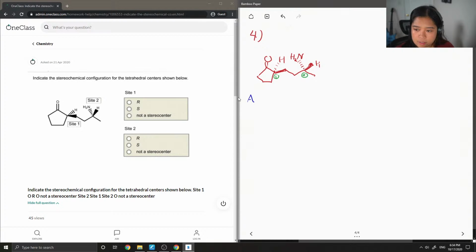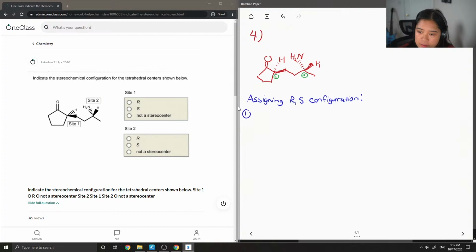Okay, so assigning R or S configuration. These are the steps that you would take.